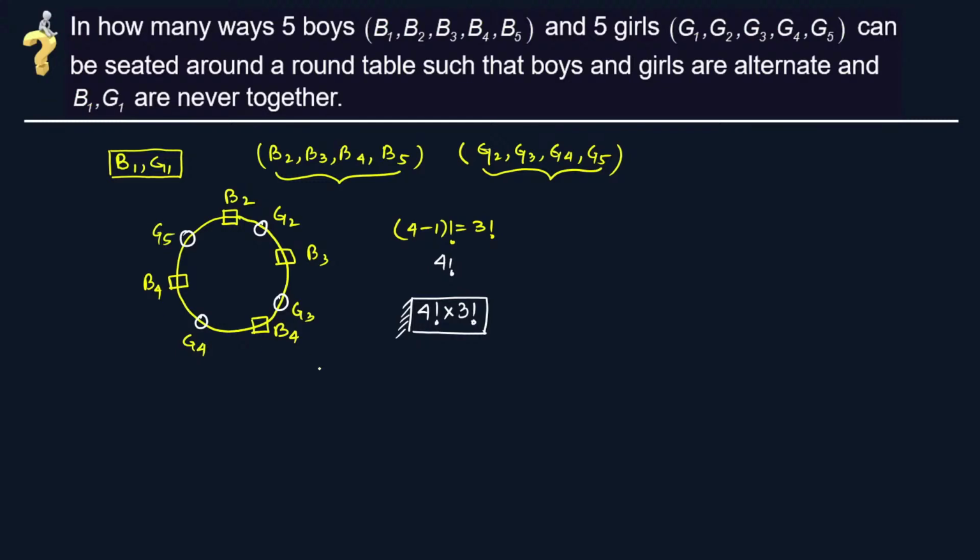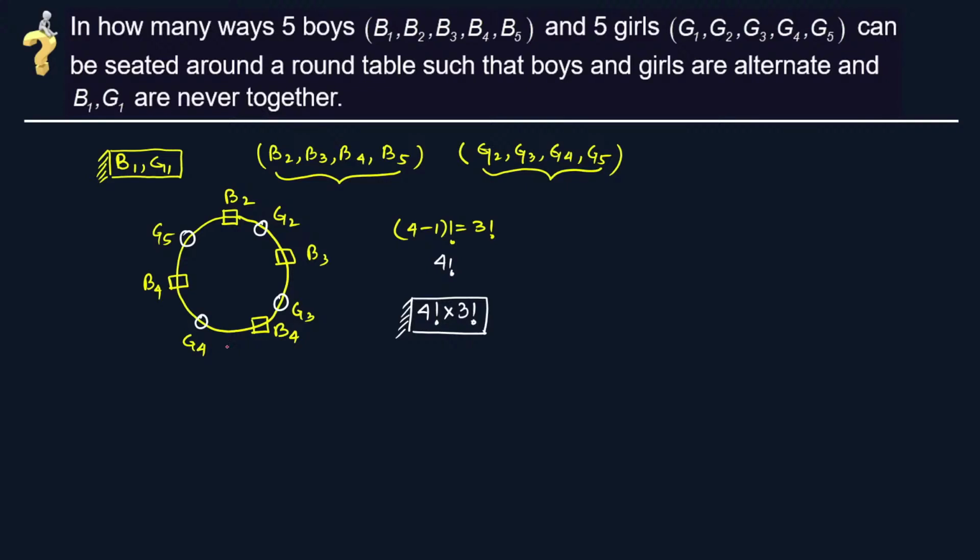This is one of the arrangements when the girls are seated in these vacant seats. Now, suppose B1 and G1 are sitting in this manner. So they can be placed between these boys and girls in such a way that the alternate thing is maintained.